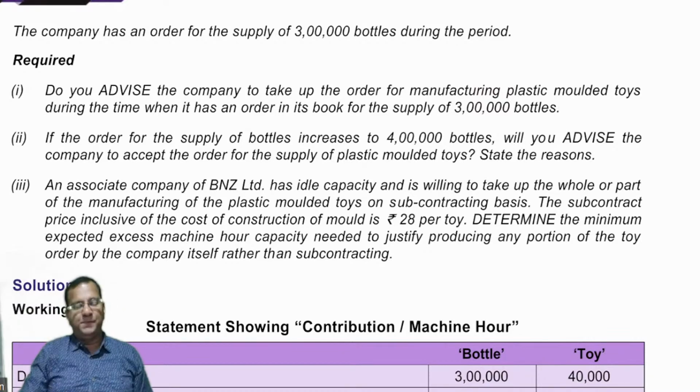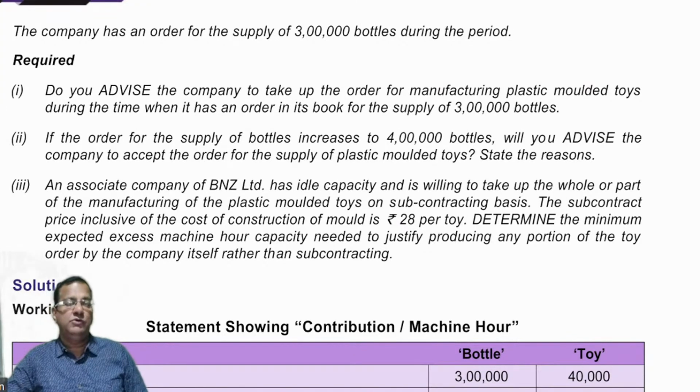It's very simple, beta. If we are not having the machine hours required for the toy, the only alternative is to reduce the supply of bottle to the external customer and divert the labor hours to the production of toy. But that will create opportunity cost, because the labor hours are already engaged in the production of the existing product, that is bottle.